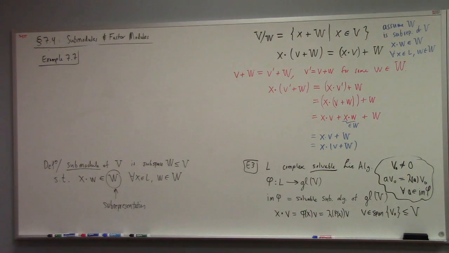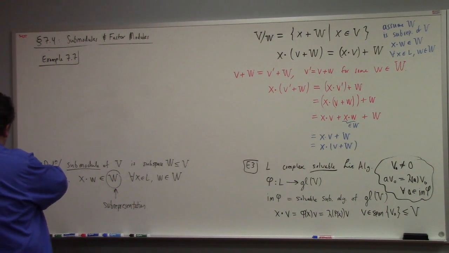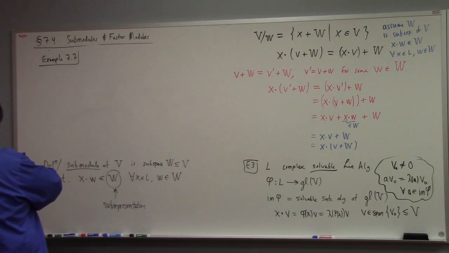Suppose you have an ideal I of a Lie algebra L. We've seen that I is a submodule of L when L is considered as an L module via the adjoint representation. So now he wants to circle back and talk about the factor module.